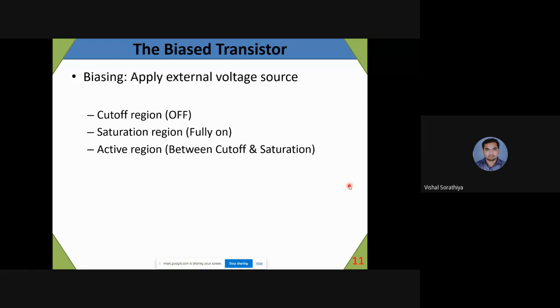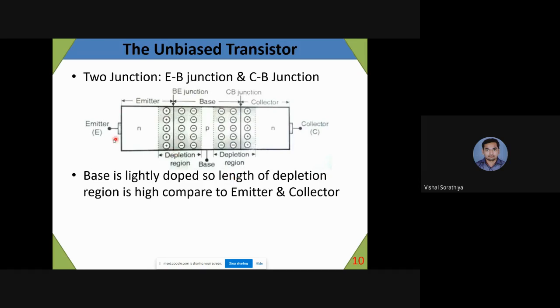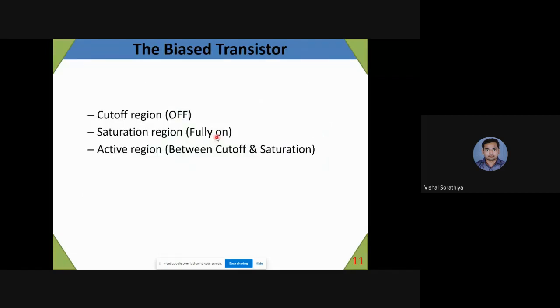It will not flow the current from emitter to collector. Whatever the electron or current flow is starting from here does not go to the collector side. The barrier potential has been arranged in such a way that current flow is not possible. So we can say that is the off condition.